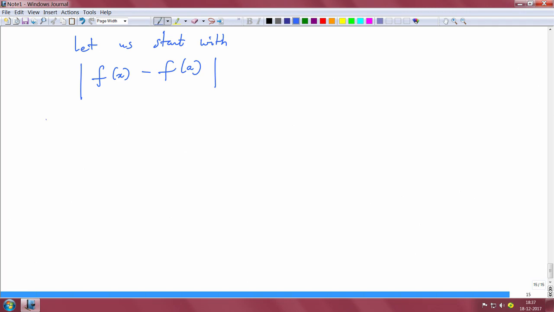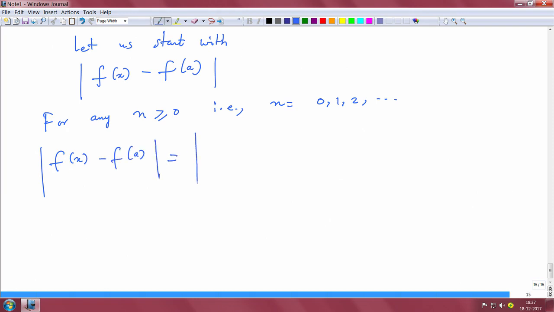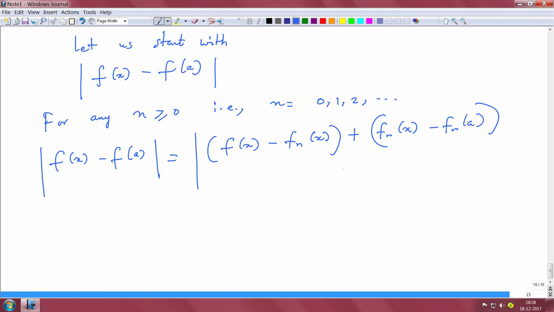Now, for any n greater than or equal to 0, that is n equals 0, 1, 2, and so on, the absolute value of f of x minus f of a can be written as the absolute value of f of x minus fn of x plus, I add and subtract, fn of x and fn of a.